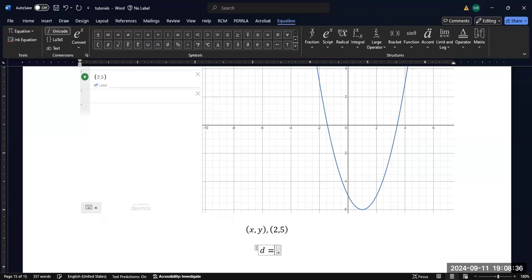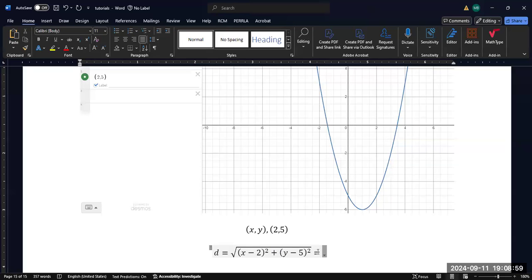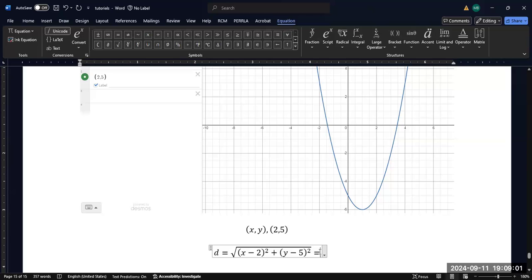So the first thing that we're going to do is take our distance equation, and we're going to have (x − 2) squared and (y − 5) squared. Now, because this is a specific function and not just some generic point in space, we do have a way of expressing y in terms of x.